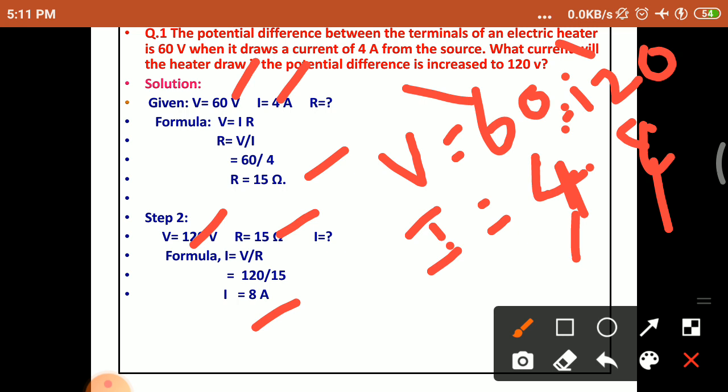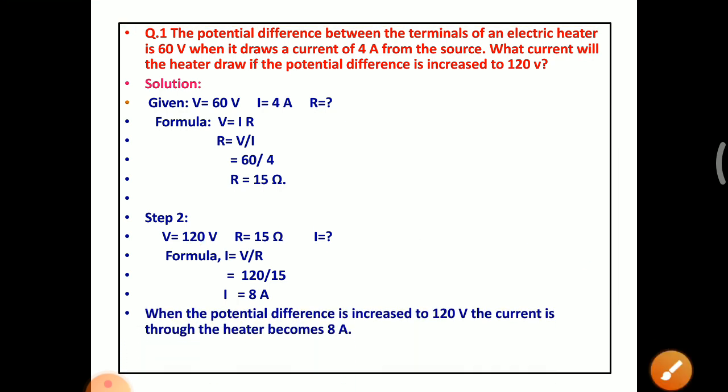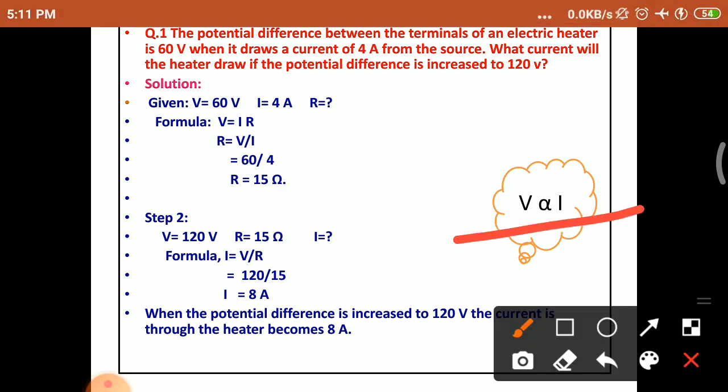That means I equal to 8 ampere when the resistance is the same, 15 ohm. So from this we can say that when the potential difference is increased to 120 volt, the current through the heater becomes 8 ampere. That means V is directly proportional to I.